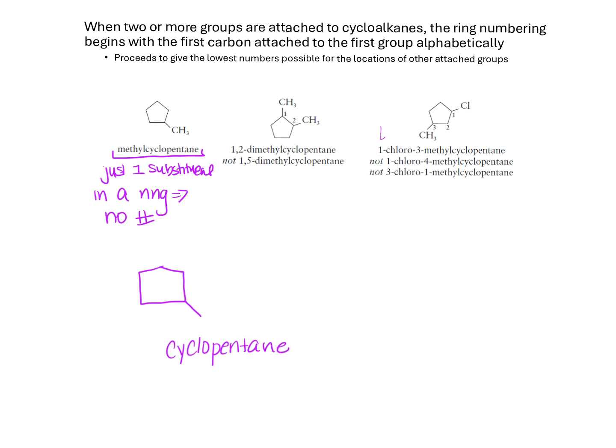And there's 1 carbon off of it, so it would be a methyl cyclopentane with no number. We look at the other example. Put a CH3 there and a CH3 there. So when we come here and count, 1, 2, 3, this would be 1,3. There are 2 CH3s, so that'd be dimethylcyclopentane.